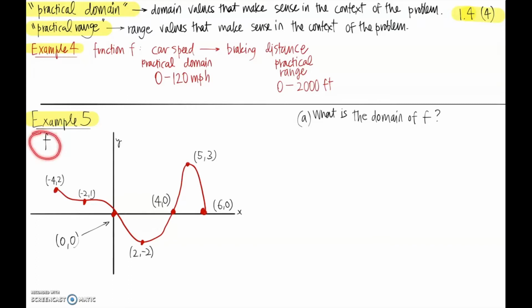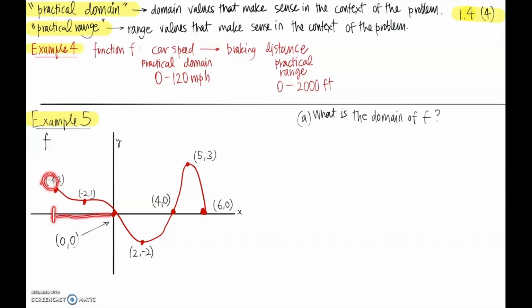So this graph is representing our function f. Let's see, domain has to do with input values, and input values go along the horizontal axis. It looks like this function starts right here, has a bunch of values, and ends right here. So my starting input value is -4.